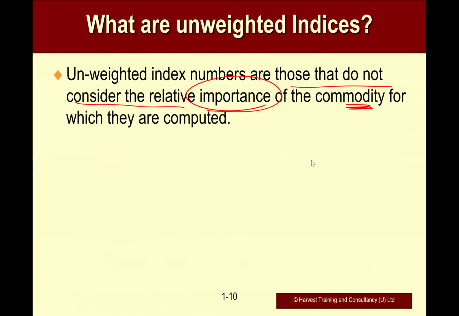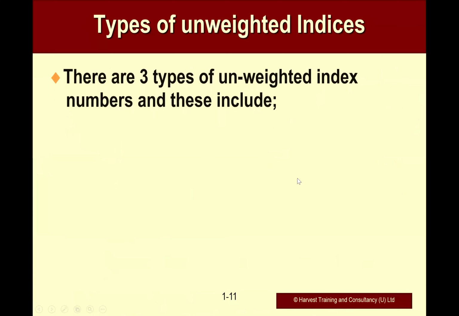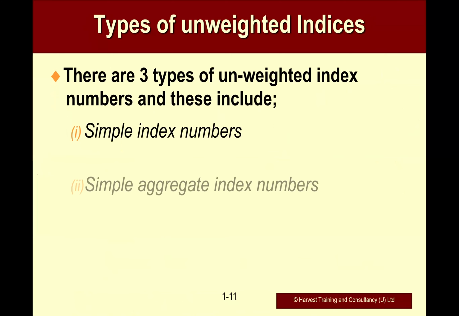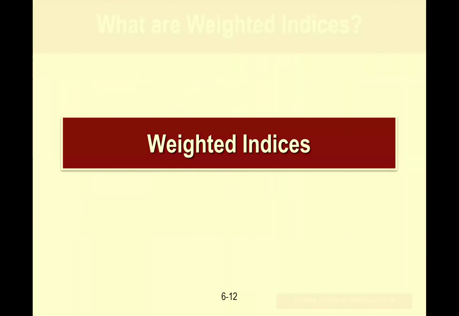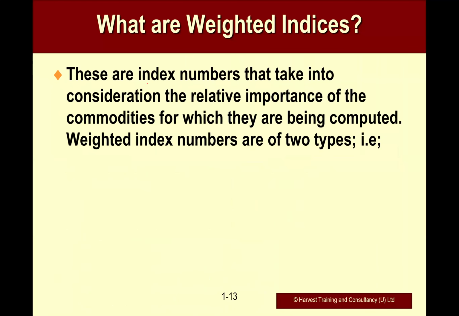All goods are going to be given the same weight. Whereas the weighted index numbers are those that consider the relative importance of the commodities for which they are being computed.